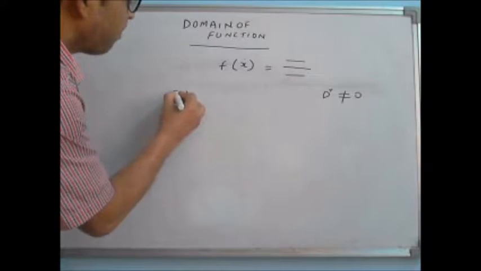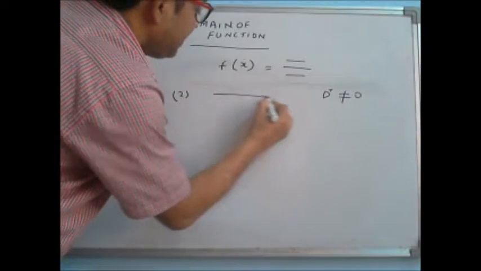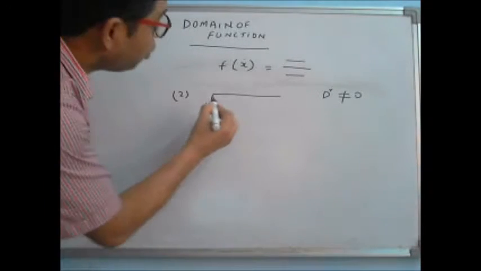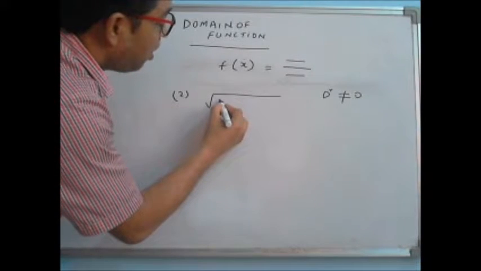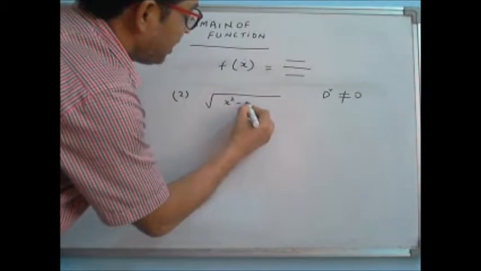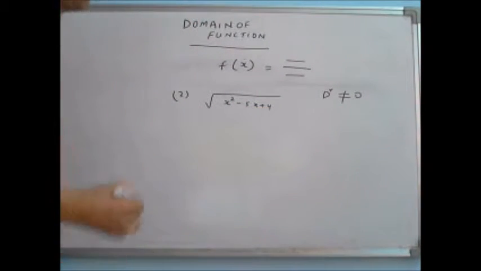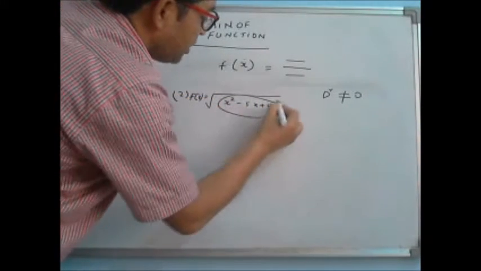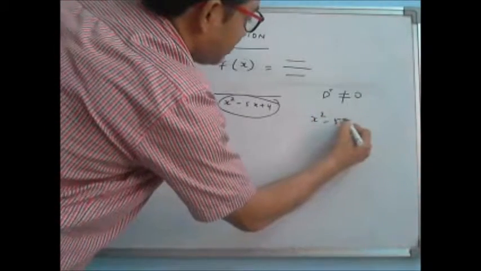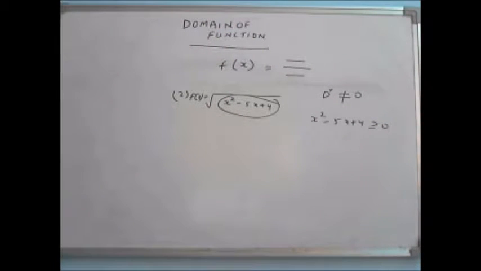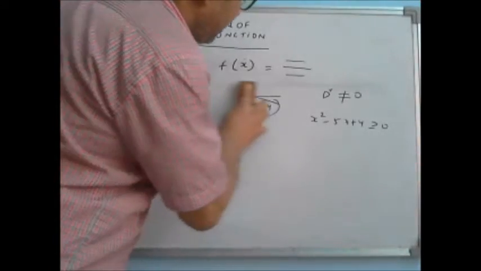Rule number 2: the expression inside an even root should be non-negative. Suppose it is x square minus 5x plus 4. For this function to be defined, this should be greater than or equal to 0. Then you get different values of x for which the function is defined.